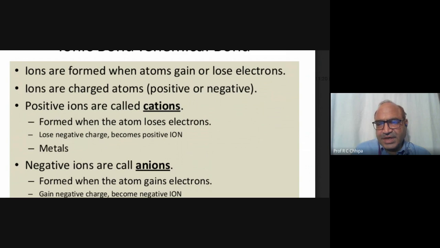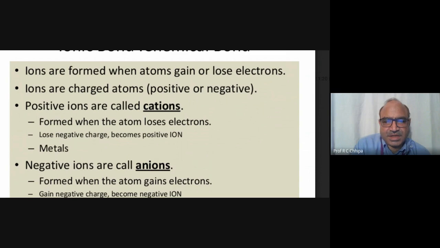Whereas the negative ion is called the anion, anions are formed because of the gain of electrons. Gaining negative charge, the atom becomes a negative ion.